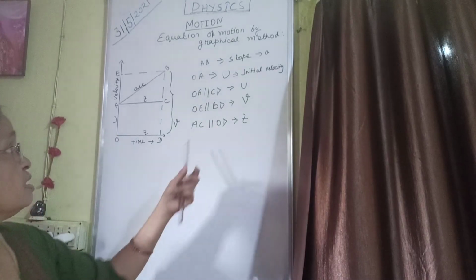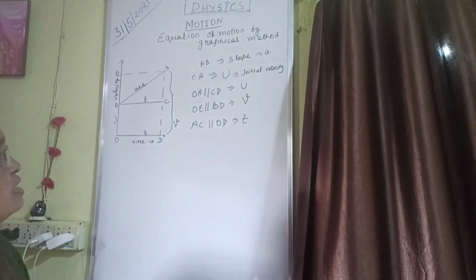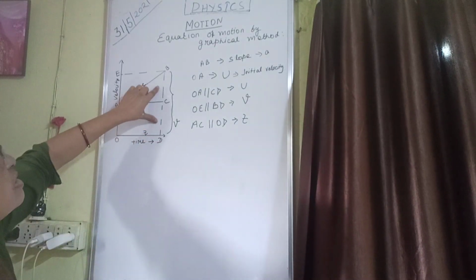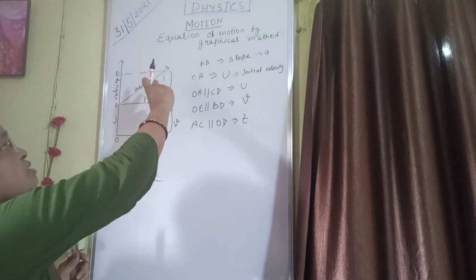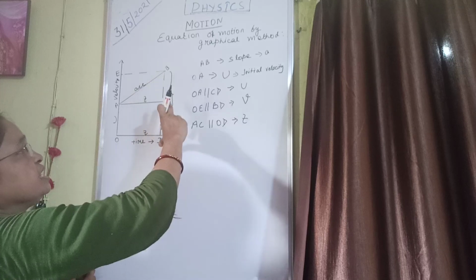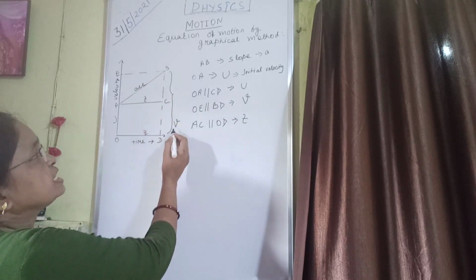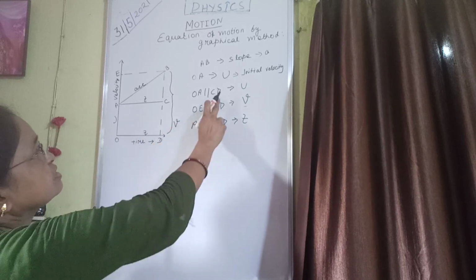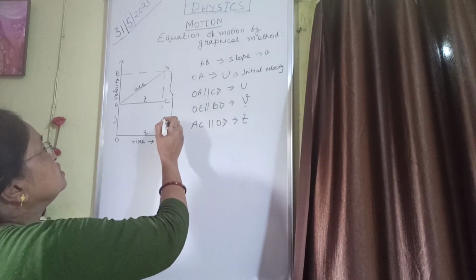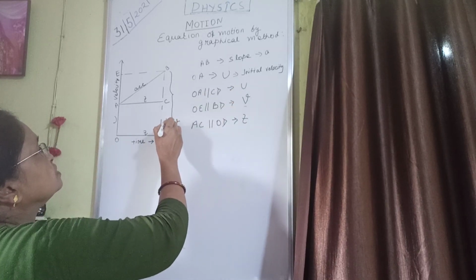So students, one more thing we are leaving, that is BC. We have BD. We know that total BD is nothing but V. Then what will be CD? Here also CD I have shown you, that is u.